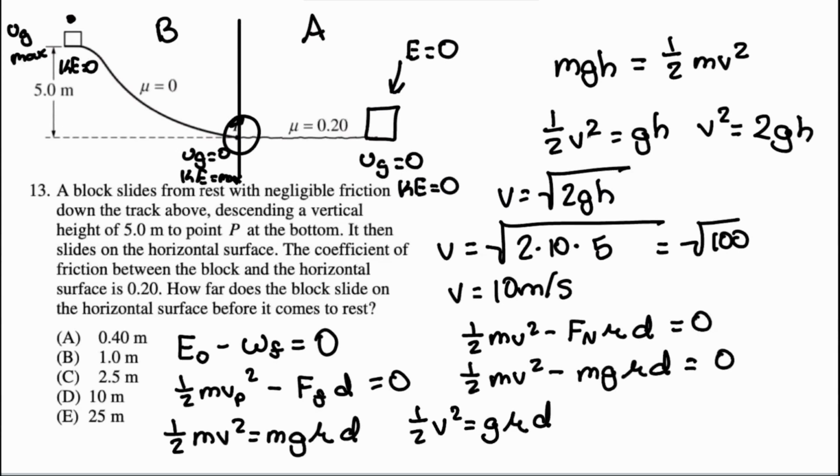I'm actually going to rewrite that as v squared over 2, and then we can divide the g and the mu over to get d is equal to v squared over 2 g mu. And then I don't really have enough space to show the calculations, but you should get that d is equal to 25.